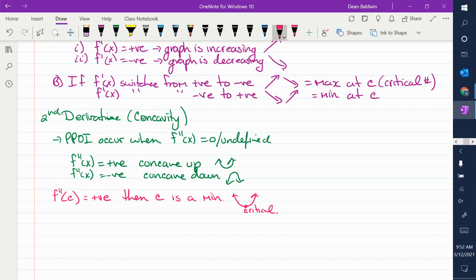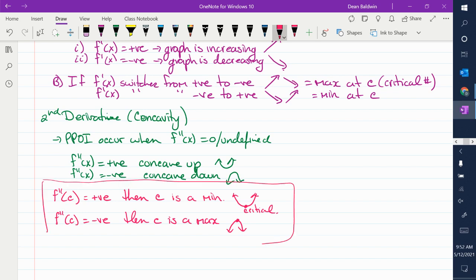All right? And if you put C into the second derivative and you get a negative number, then C is a max because it means the graph is curving down, and that's your C value sitting at the top. This is technically what the second derivative test is.